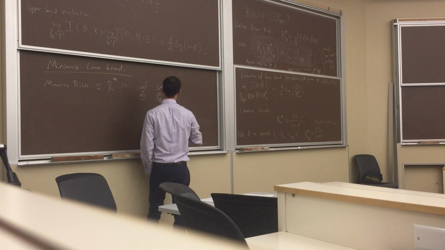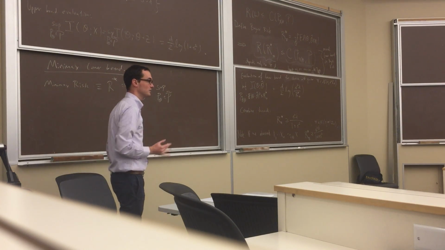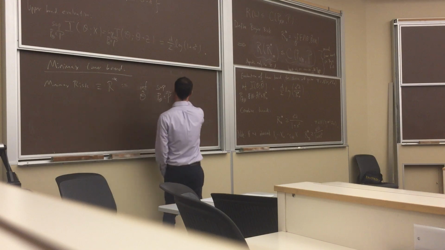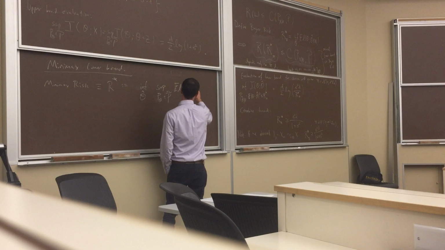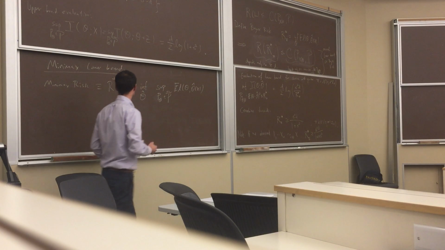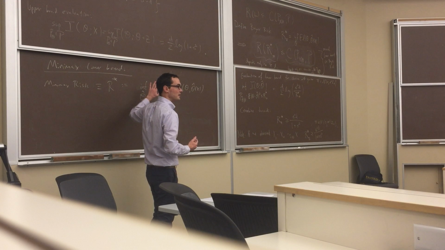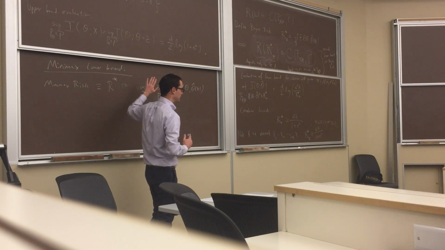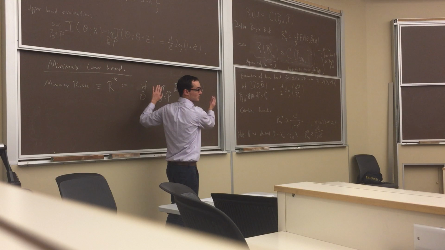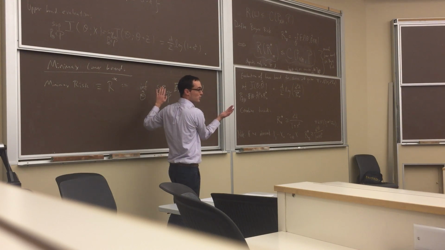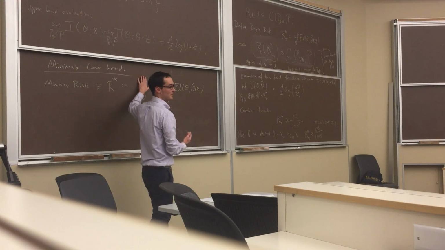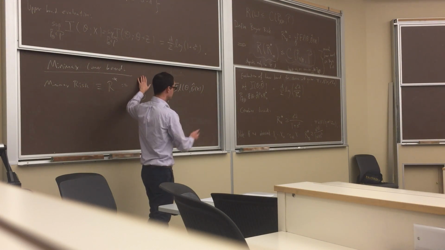I'll call it P tilde. This P tilde doesn't have to be the same as the other. And this is the expected loss between theta and theta hat of x. So minimax risk is called such because you choose the estimator, and then an adversary gets to choose the prior, the distribution over parameters. They get to choose the worst case. You see what I'm saying? Because I play first, I choose my estimator, and then they go, right?